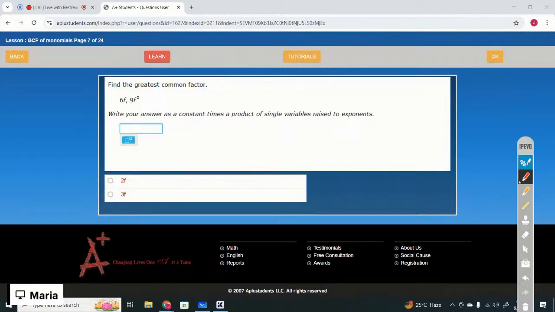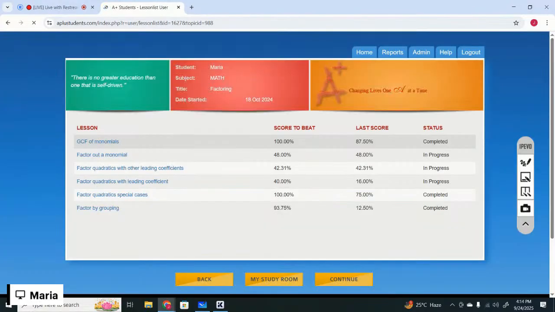That is 3f, option number 2 is the correct option. Okay, you can complete the lesson by yourself later today. Let me just move on to the next lesson.